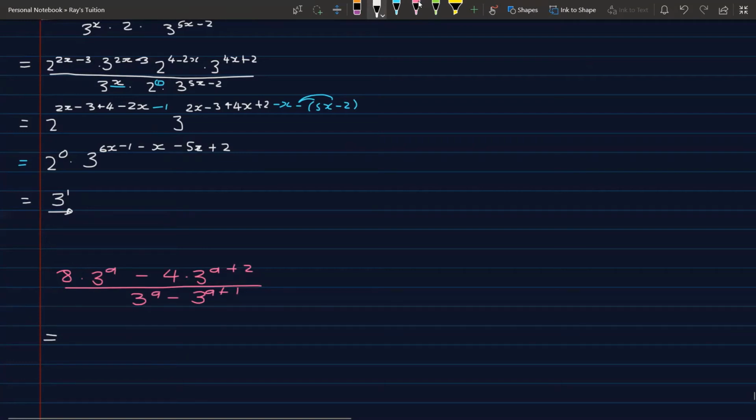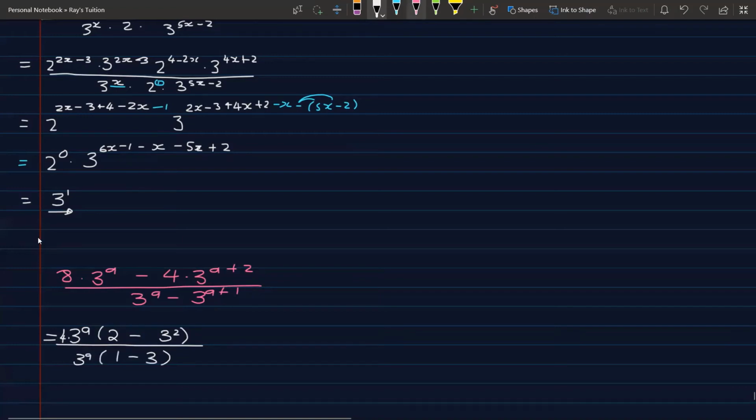What's common between the numerator is 3 to the a and 2, no, actually 4. So 4 times 3 to the a, and then what we'll have is 2 minus 3 squared when we factorize. And in the denominator, what's common, we've got a 3 to the a, and what we'll have is 1 minus 3.